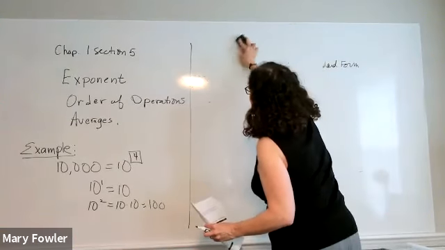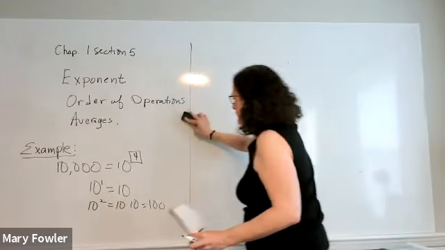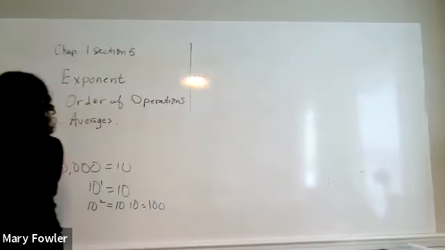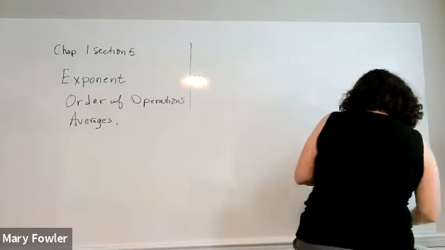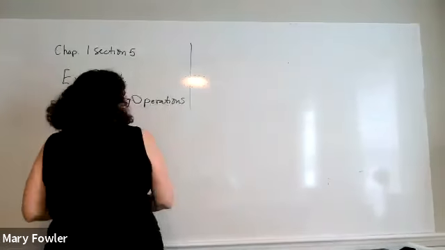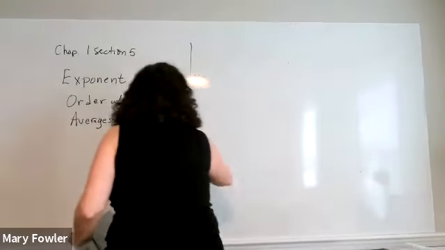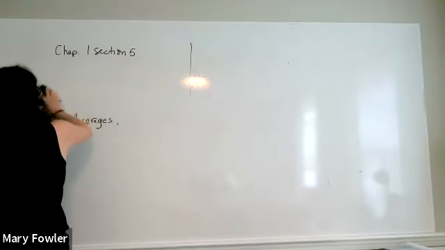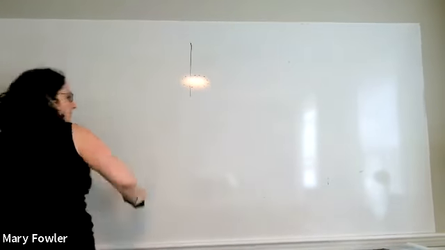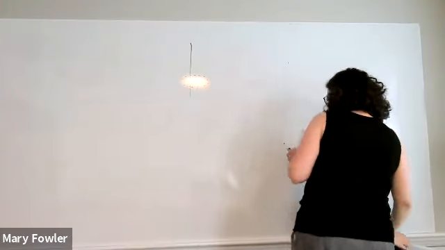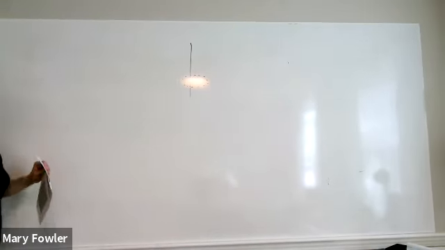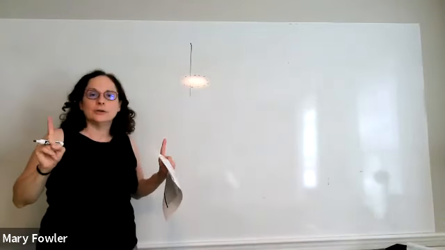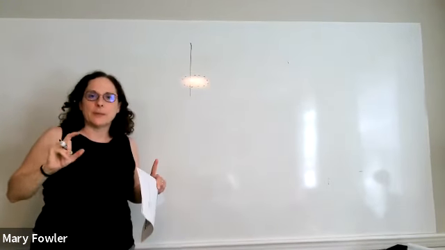So next I want to discuss a little bit about order of operations. When we're given an expression, this tells us which operation to do first. And the order of operations, some of you maybe know a little memory device, PEMDAS.